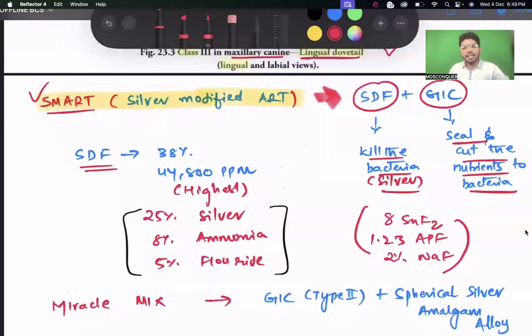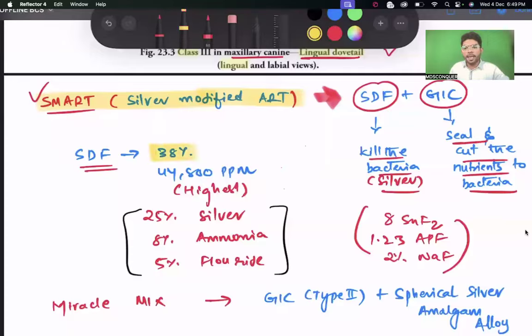Similarly, what is the percentage of SDF that is used? Yes, the percentage of SDF that we regularly use is 38%. When they ask ppm, it is 44,800 ppm. Very frequently asked questions. Nowadays, SDF is a very commonly encountered topic both in NEET as well as INICET, and it is one of the highest among the list.